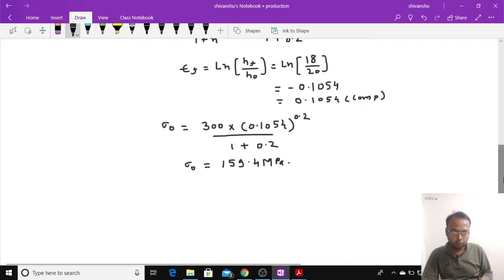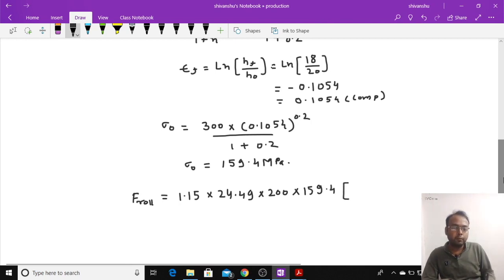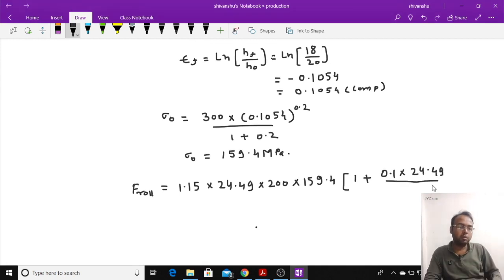So finally after putting the values, F roll is equal to 1.15 multiplied by 24.49, which is our value of L, and width is given as 200 mm, multiplied by flow stress that we have already calculated, 159.4, multiplied by (1 plus 0.1, that is value of mu, multiplied by 24.49, divided by 2 into H average, that is (20 plus 18) divided by 2).